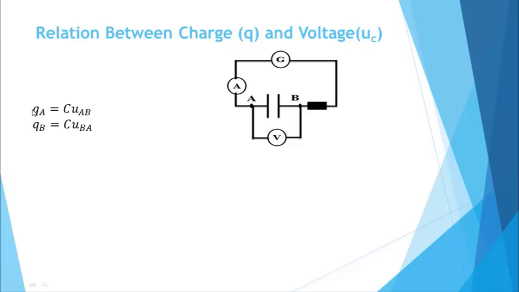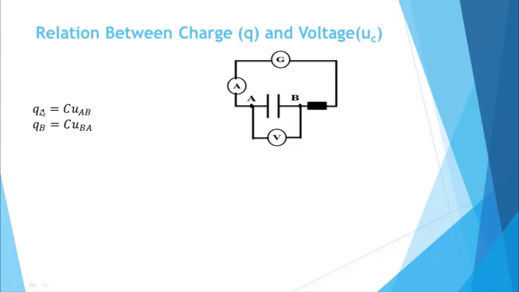The charge at the plate A is equal to the capacitance of the capacitor multiplied by the voltage or the potential difference UAB. The charge on the plate B is equal to the capacitance multiplied by the potential difference or the voltage UBA.